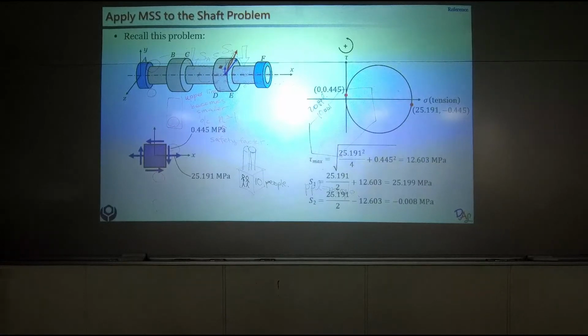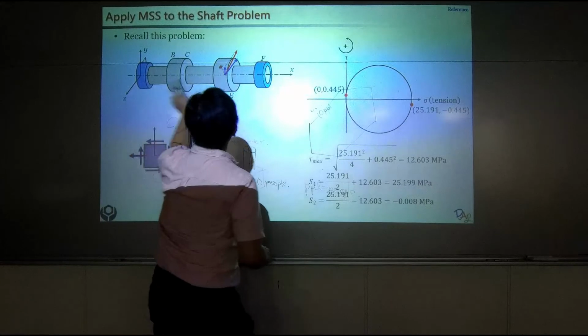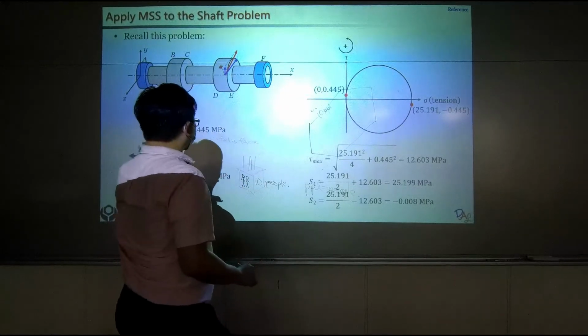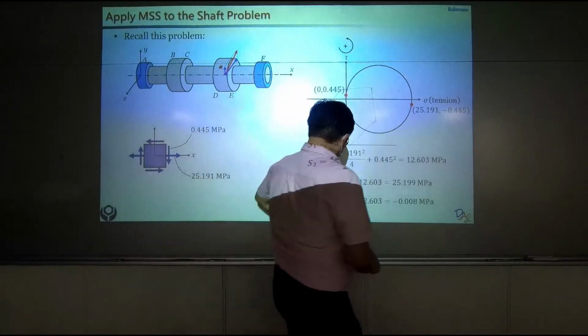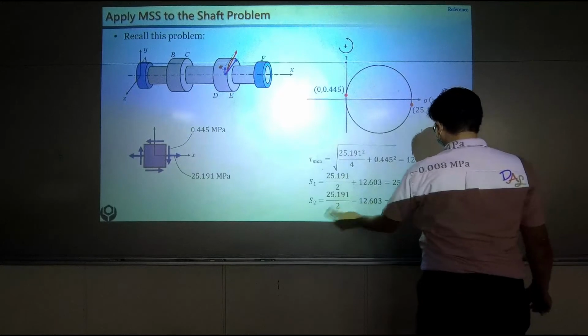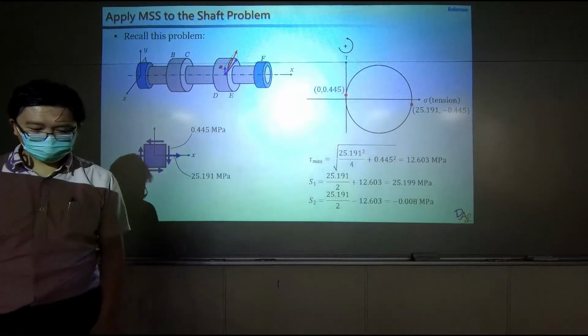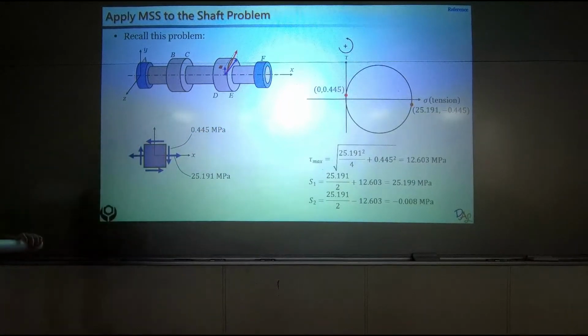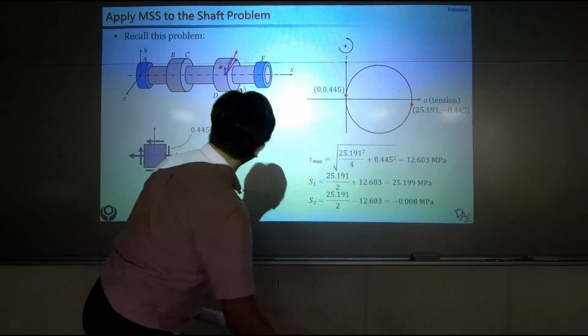Now, let's try to apply this idea to a problem, and this is actually the exact problem that we had last time, and actually the exact problem for your homework. But the numbers are different. I picked some numbers from my previous slide, and I bring this just to show you what happened.